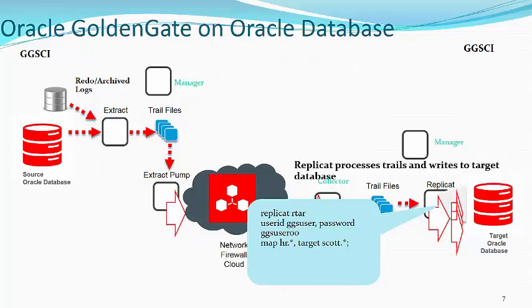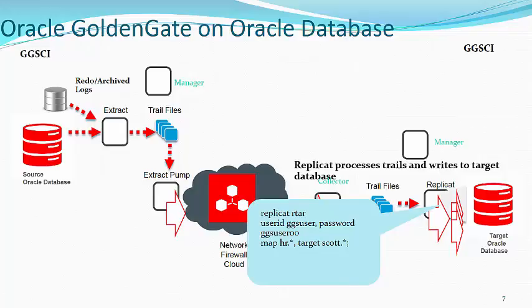database. So what does the replicat parameter file look like? You give it a replicat name, like try to call it arta. Again, you have to create a session because at the end of the day, the replicat is no more than a SQL application. So you specify user ID, GGS user, password, and so on, and you say map HR asterisk to target schema asterisk.